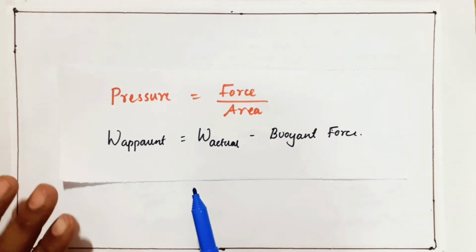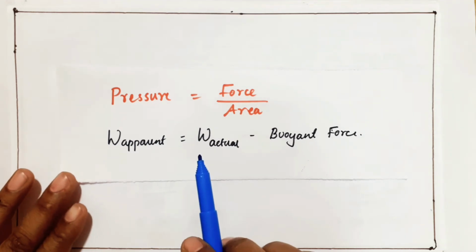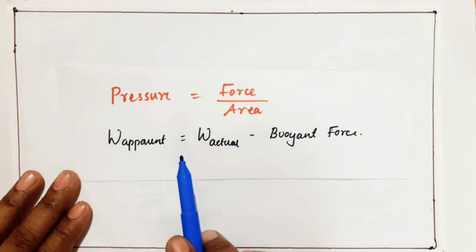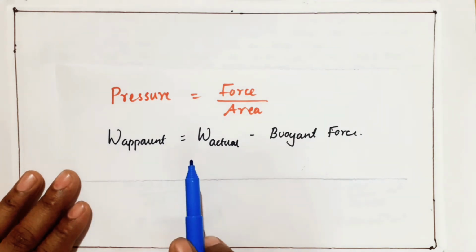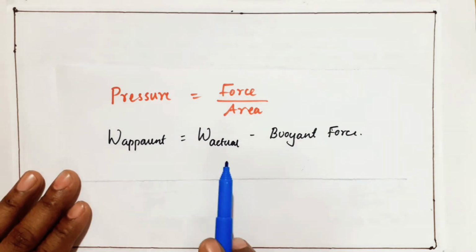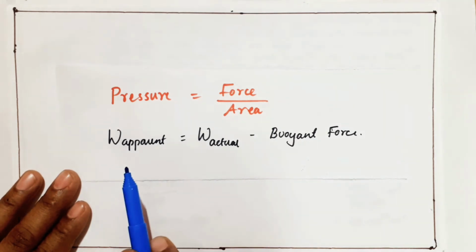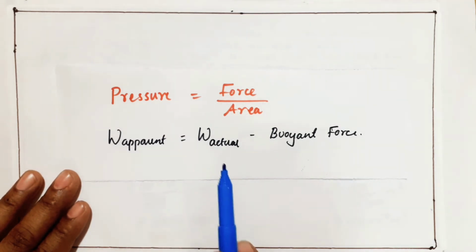And the apparent weight of a body when it is immersed in a fluid is equal to actual weight minus buoyant force. You can see our force and pressure part 1 and part 2 videos for more conceptual clarity.